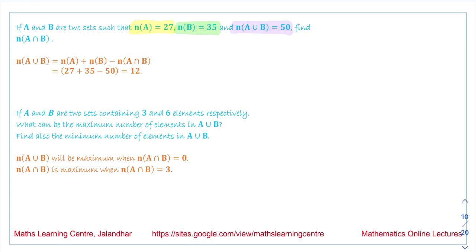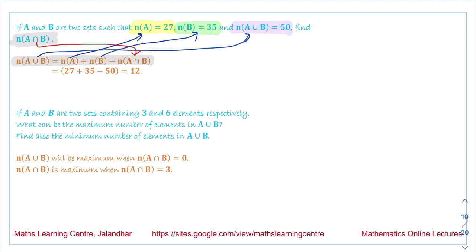We have to calculate the number of elements in A intersection B. So we use this formula: the number of elements in A union B is equal to the number of elements in A plus the number of elements in B minus the number of elements in A intersection B. These three values are given to us, so if we substitute these values in this formula, we will get the final answer.